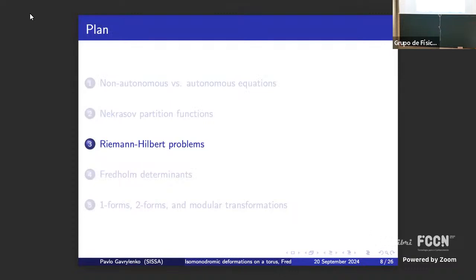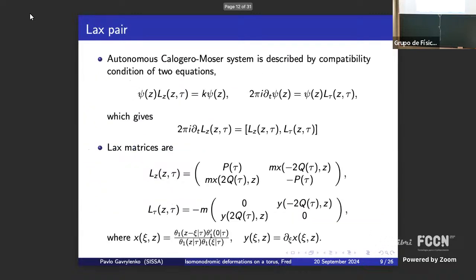Now there is a question: how to get such explicit solutions to this problem? To do this, in integrable systems, it is good to switch to the appropriate linear problems that correspond to this system.